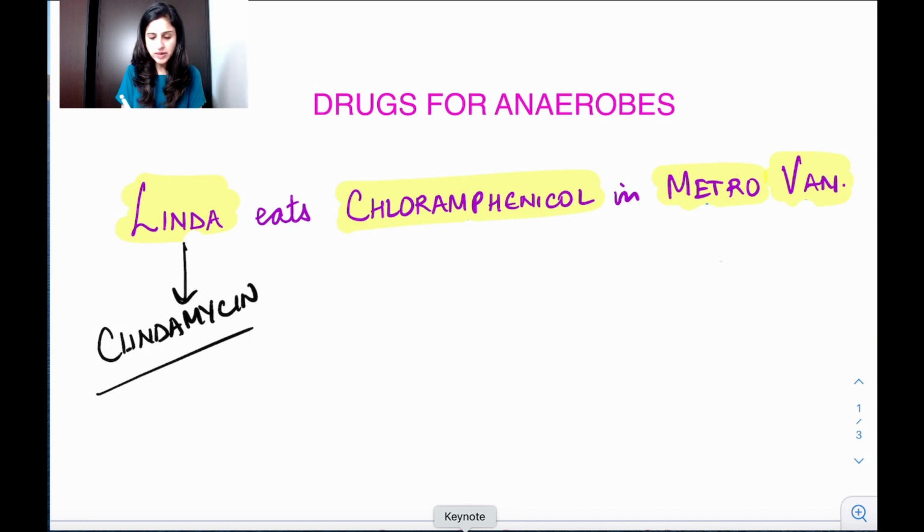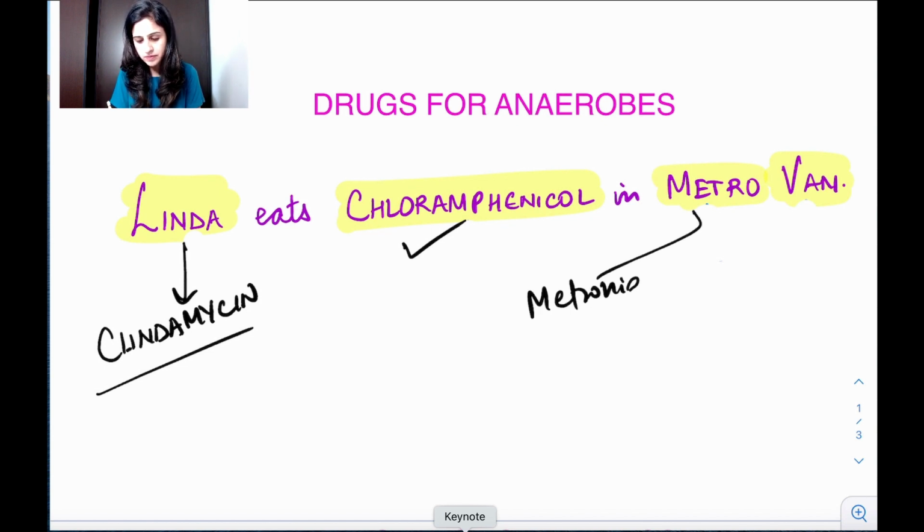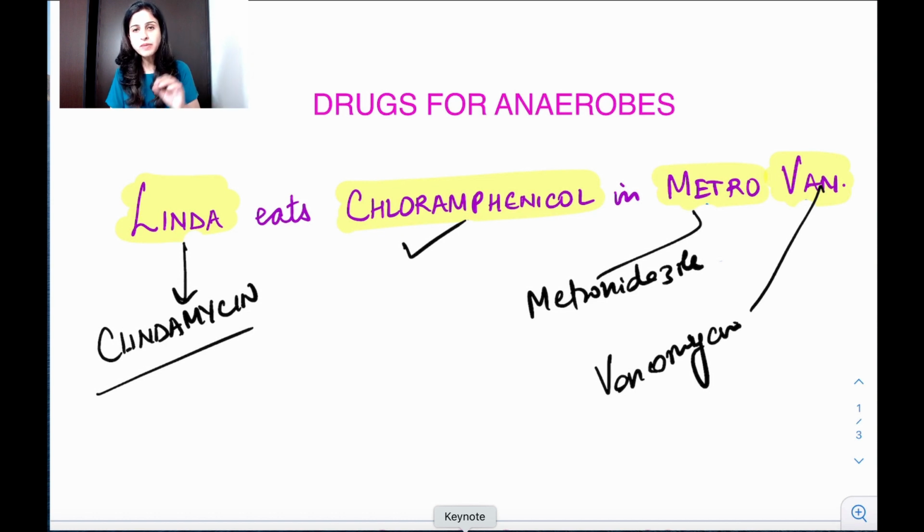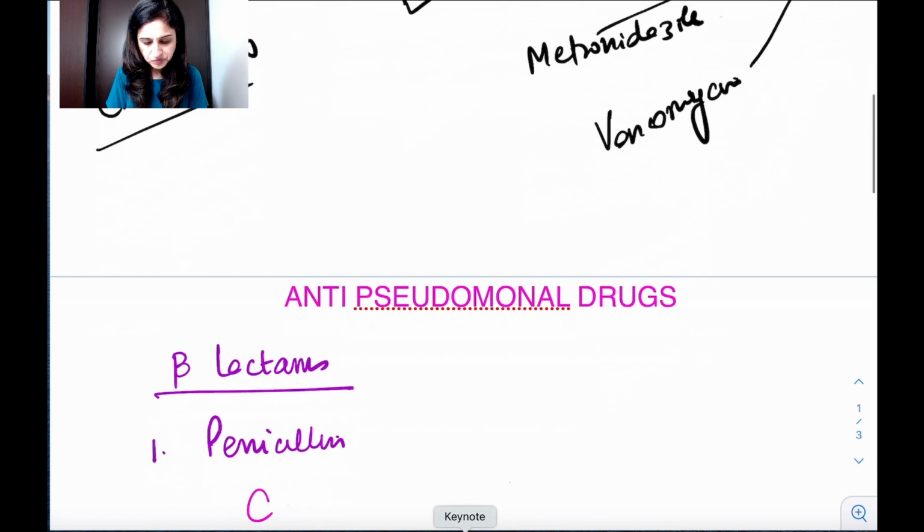Theek hai, Linda isme beech mein aata hai. Chloramphenicol as it is. Metro is metronidazole. Van is your vancomycin. So another way to remember is like Clinda eats chloramphenicol in metrovan for anaerobes.